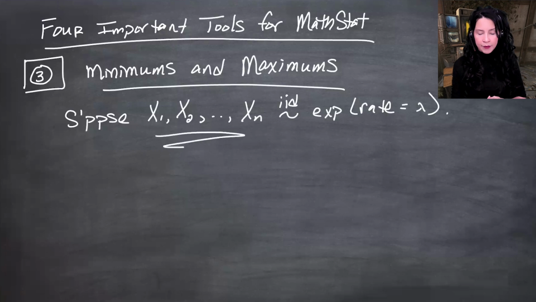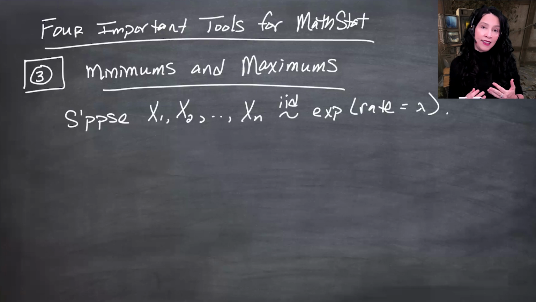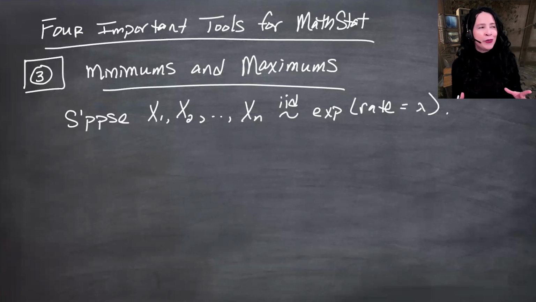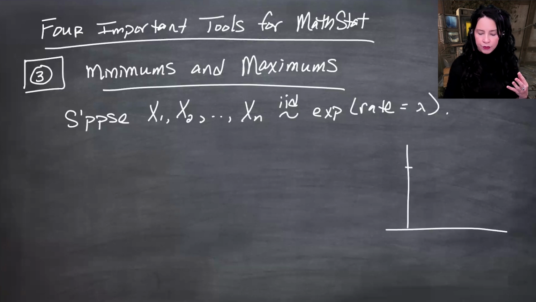So these are random variables before they're observed. I don't know what they're going to be. And the randomness is based on the sampling, right? So although the exponential distribution is not a good PDF for height, if we assumed that the height of all students on campus follows an exponential distribution, which is silly, but just roll with it.